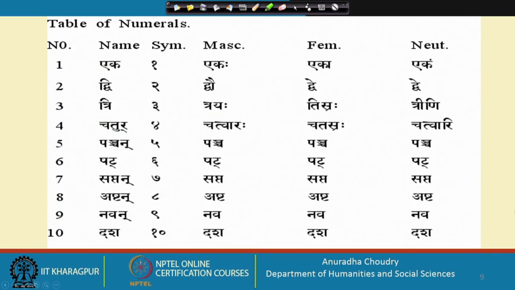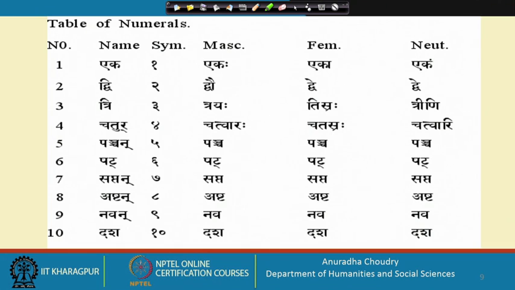So here we have a slide for you which gives us in the first column the regular Roman numerals, how they are written. In the second column we have the root forms of the different numbers as they are pronounced. So, eka, dvi, tri, chatur, pancha, shat, saptan, ashtan, navan, dasha. Very interesting. And then in the third column, we have the way in which these numerals are written in Sanskrit.